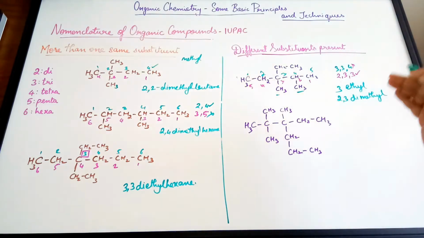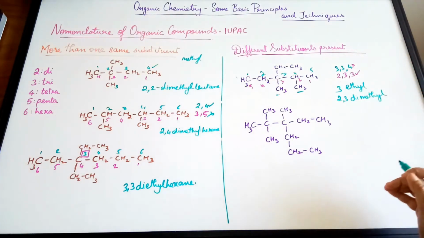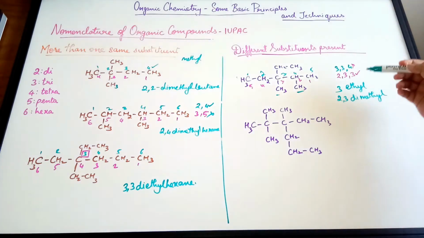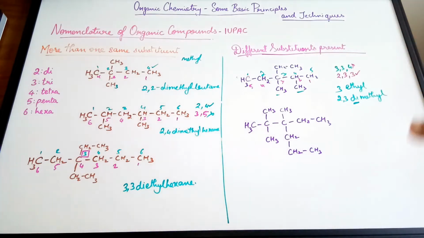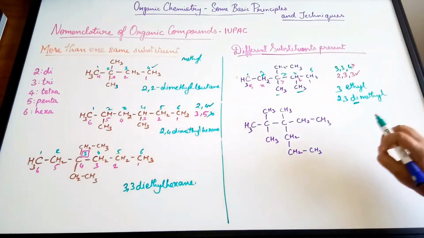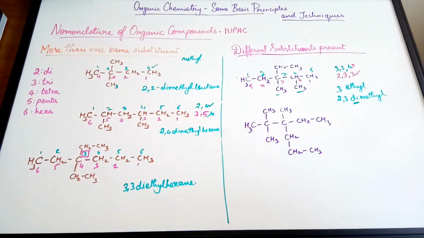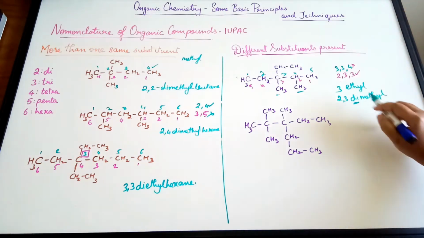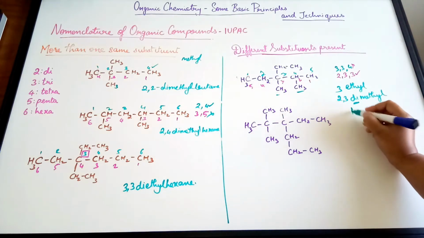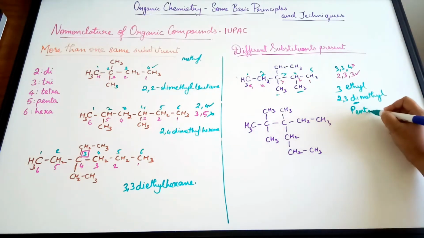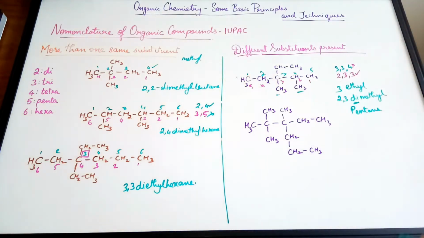So since we have 2 different substituents, we will be putting them alphabetically, and this is excluding this part. So ethyl, and then you have methyl. The di, tri, tetra, penta, hexa is not considered over here, but the name of the substituent alone is considered. So you have 2,3 dimethyl and 3 ethyl, and this is a pentane chain because it has 5 carbon atoms.